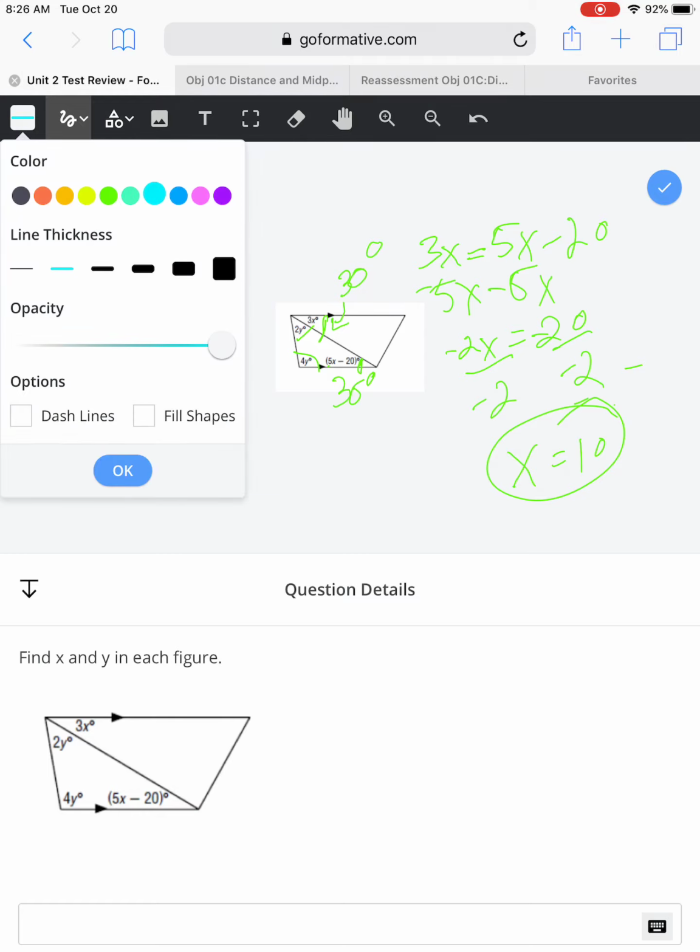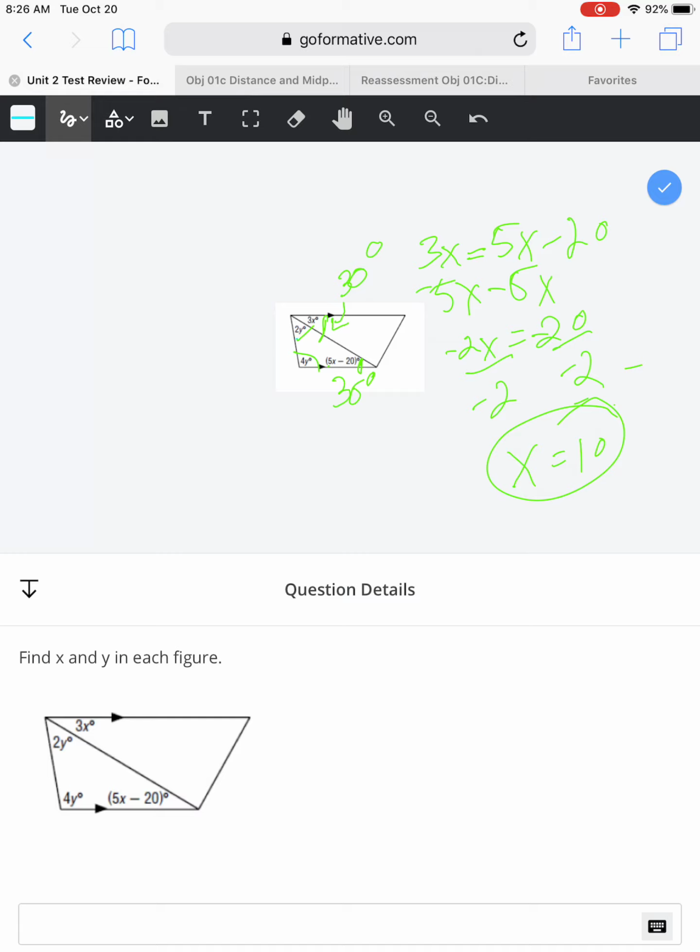I know this angle plus this angle are consecutive interior angles, so they add to 180. So you can either use the triangle and say the 5x minus 20 plus 4y plus 2y is equal to 180, and then just put 10 in for x, and you'll get your 30 there.